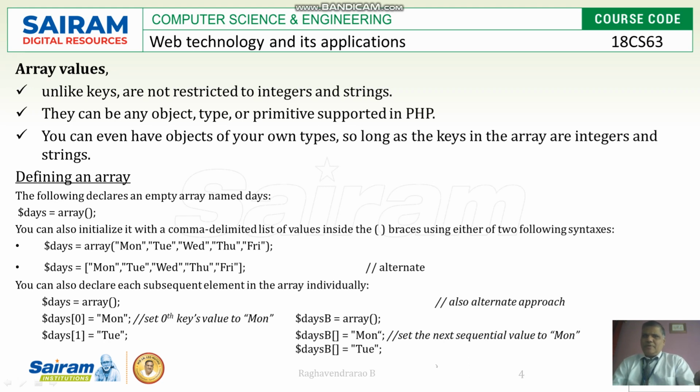For example, I cannot say this one only, because $b is another array. Already 2 elements are present in that, meaning 0 and 1. So the next element is Monday, and the next is Tuesday. So 0, 1 is already present, and 2 and 3 are Monday and Tuesday. Got it? Okay.